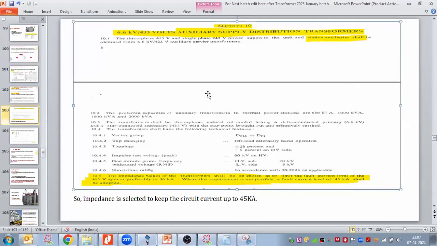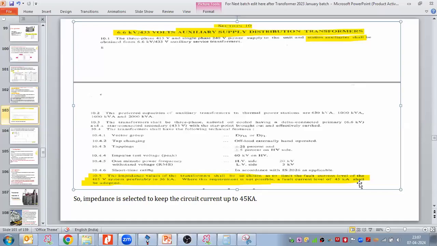This manual says that at the LV side, the impedance value of the transformer shall be so selected as to limit the fault current level of the 415 V system, preferably to 36 kA. But if this requirement is not possible, a fault current level up to 45 kA may be adopted.